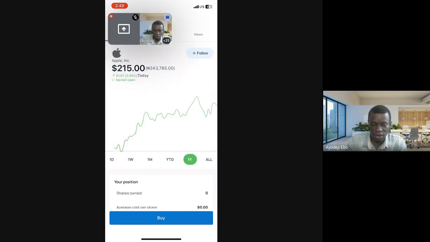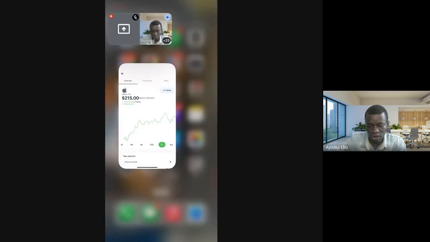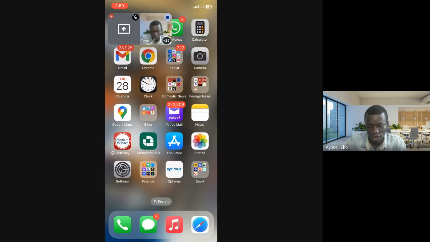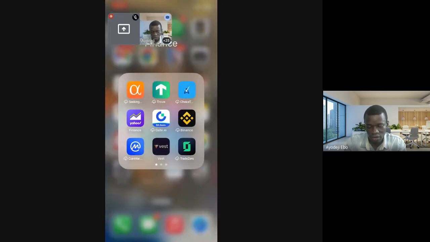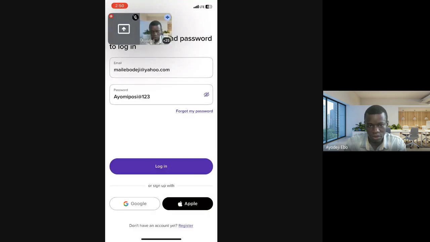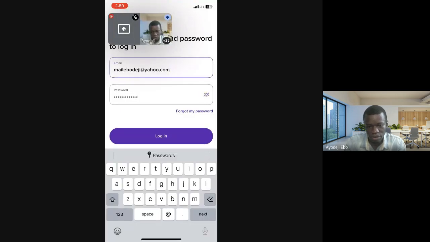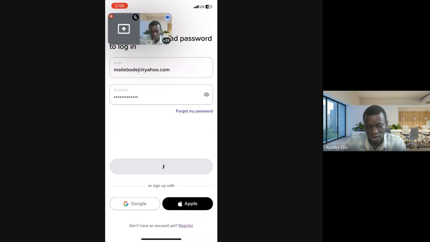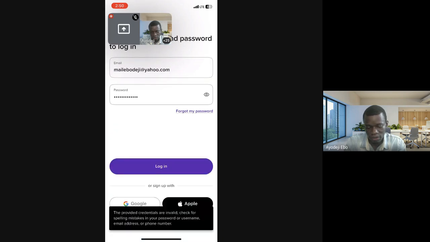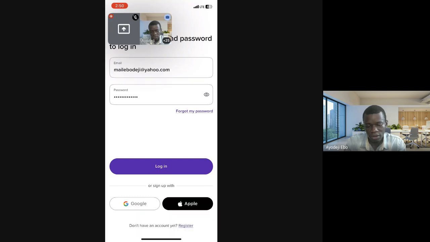Let me see. There's also a platform I was hoping I'd be able to show us. Let me see if I made a mistake somewhere. This platform, Vest, is owned by a company based in Brazil.